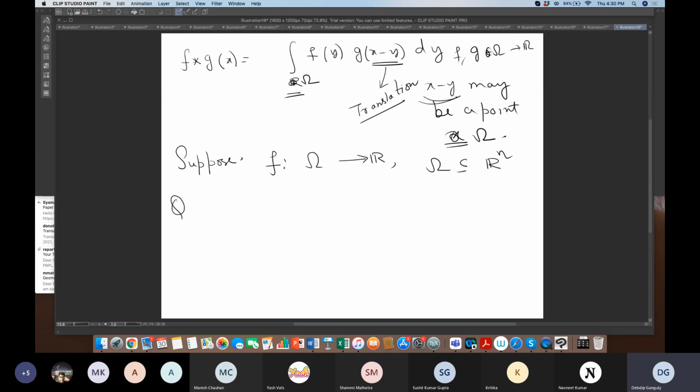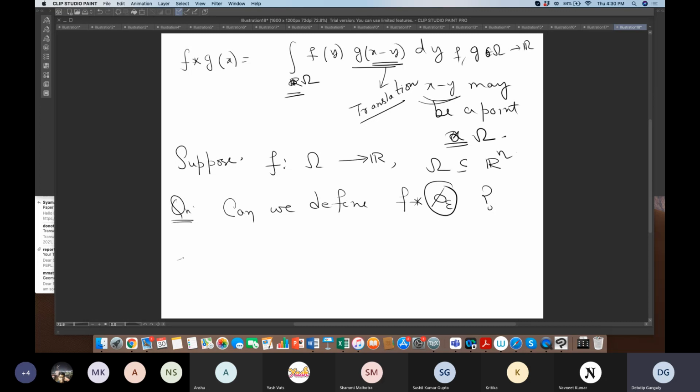The question is, can we define f convolution phi epsilon? This is important. Instead of any g, I want to define phi epsilon.